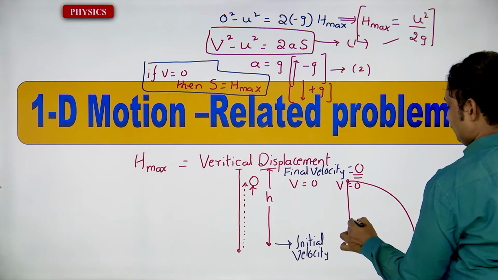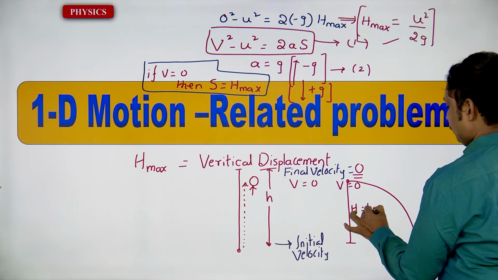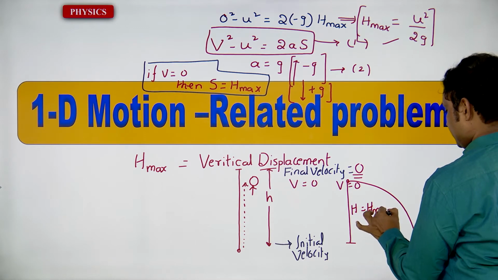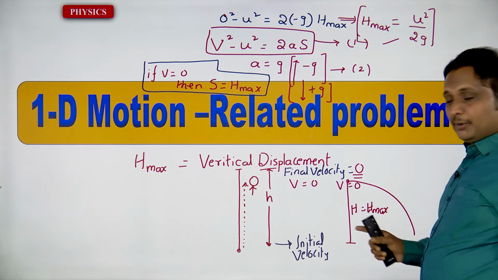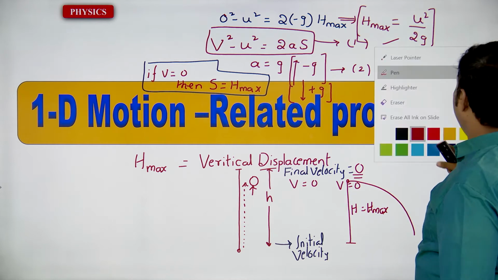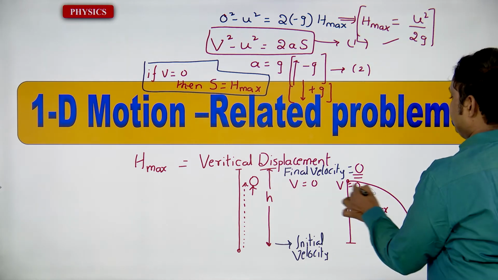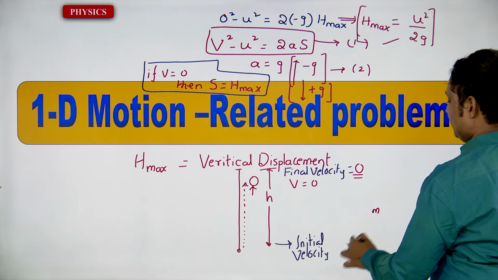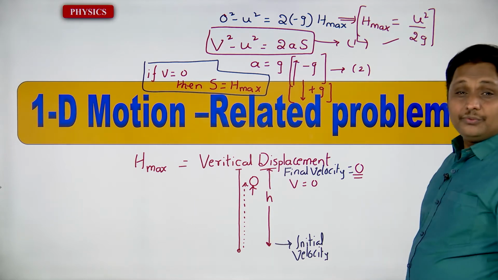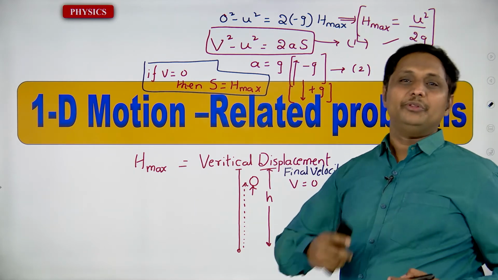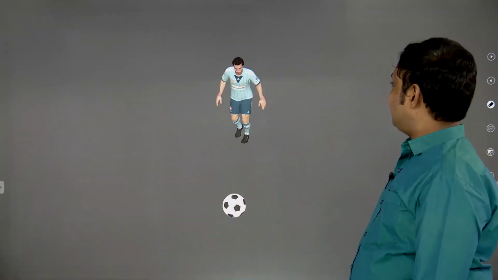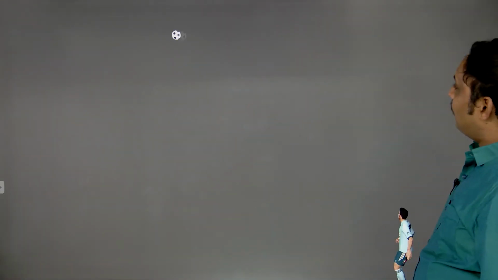At this point V is equal to 0, then H is equal to H maximum. It's very clear and simple, you can confirm. Let's have one animation to have a better understanding. You have to confirm. It's very clear.